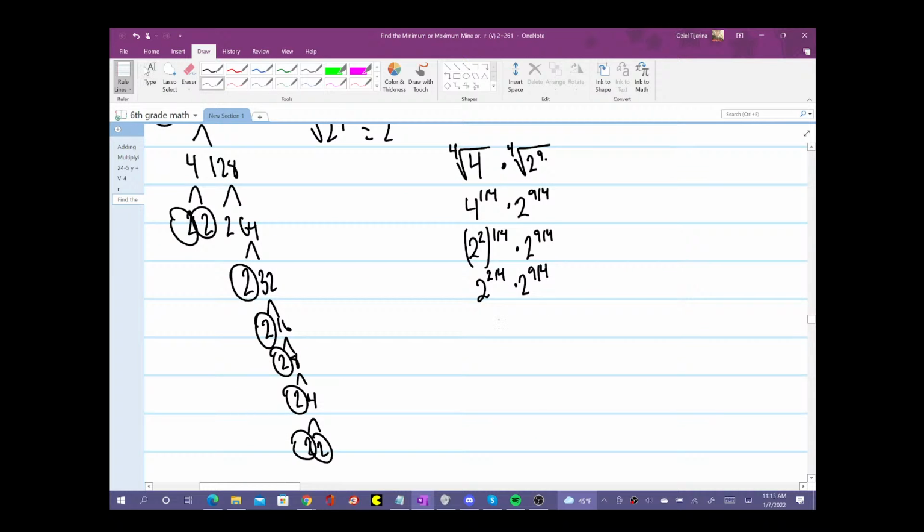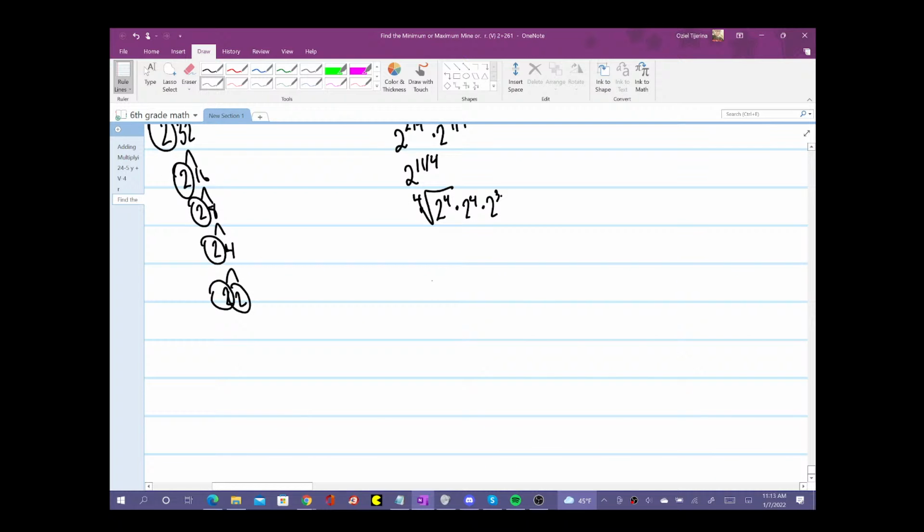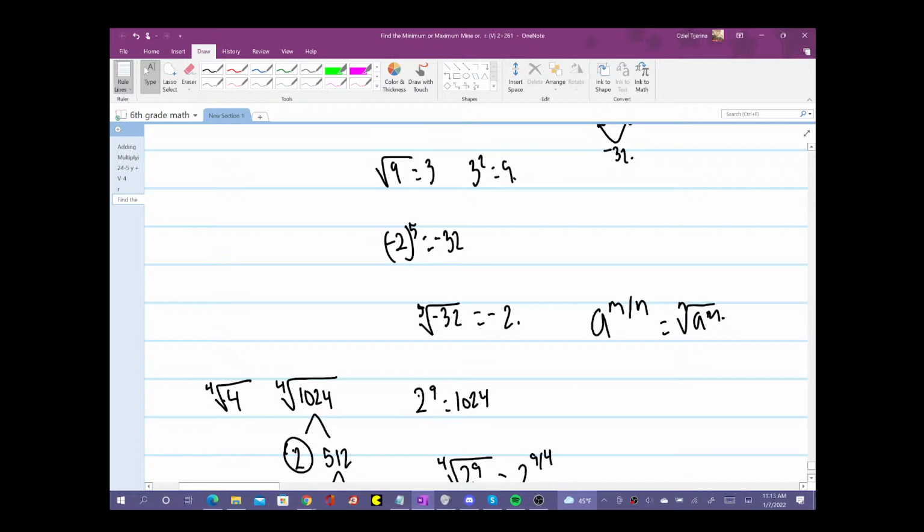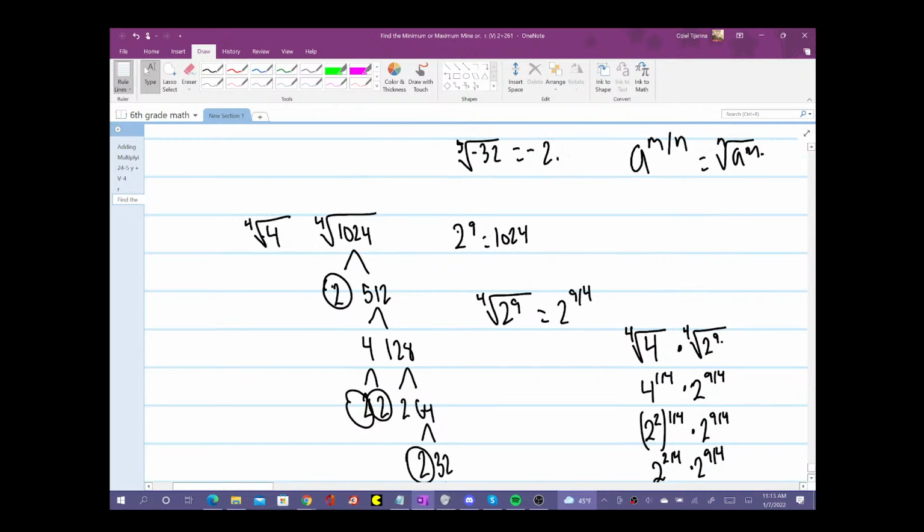This becomes 2 to the 11 over 4 power, which is the 4th root of 2 to the 4th times 2 to the 4th times 2 cubed, which actually becomes 2 times 2 times the 4th root of 2 cubed, which is 4 times the 4th root of 2 cubed. I think that's what it is, guys. I'm not 100% sure how else to do it.